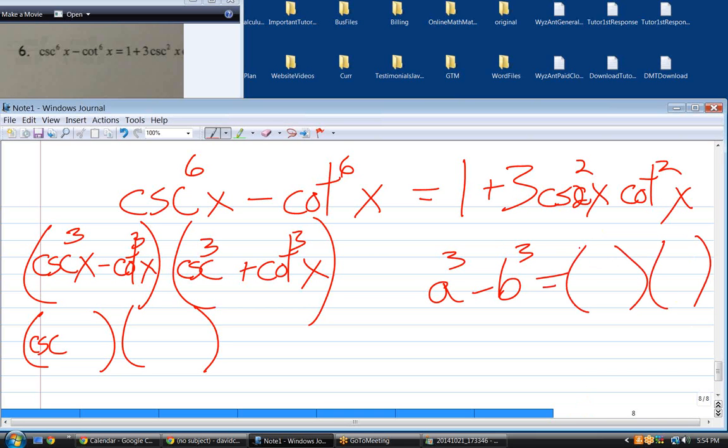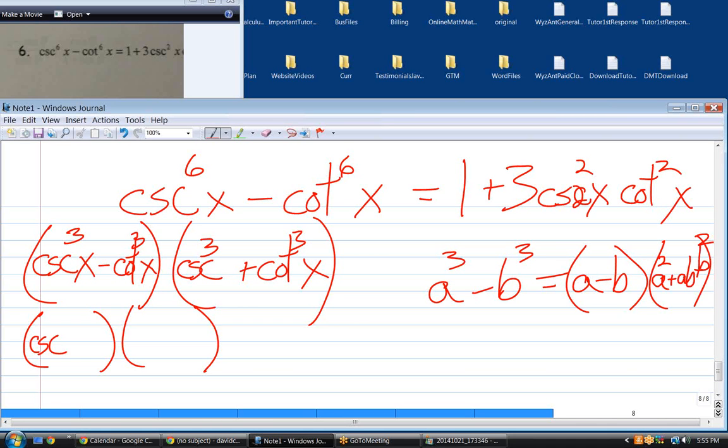What's a cubed minus b cubed? A minus b, a squared plus ab plus b squared.